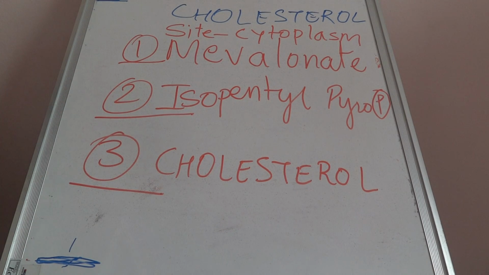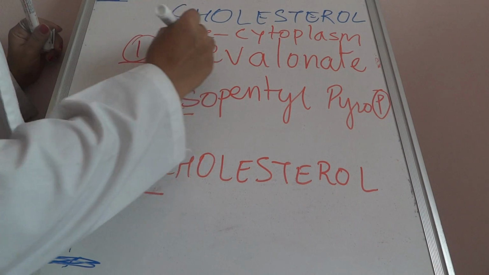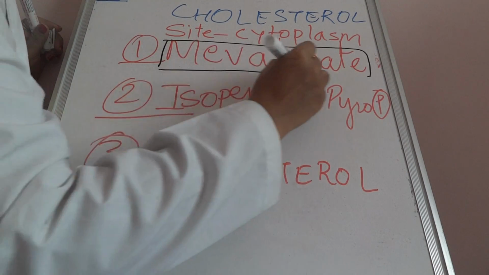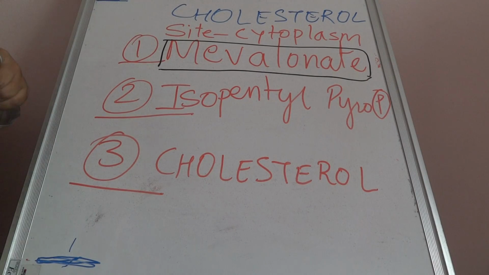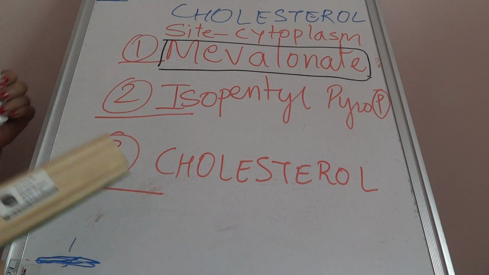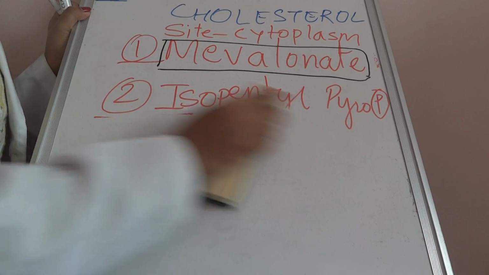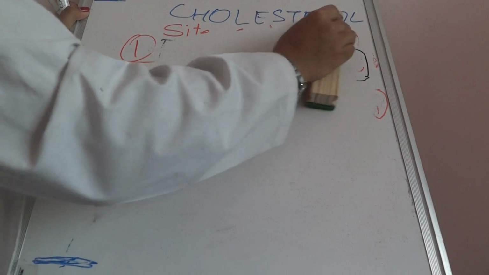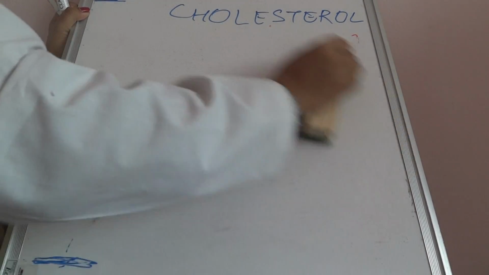The most important step for forming cholesterol now will be the formation of mevalonate. So we see how mevalonate is formed. The first molecule that takes part in cholesterol synthesis is acetyl-CoA.